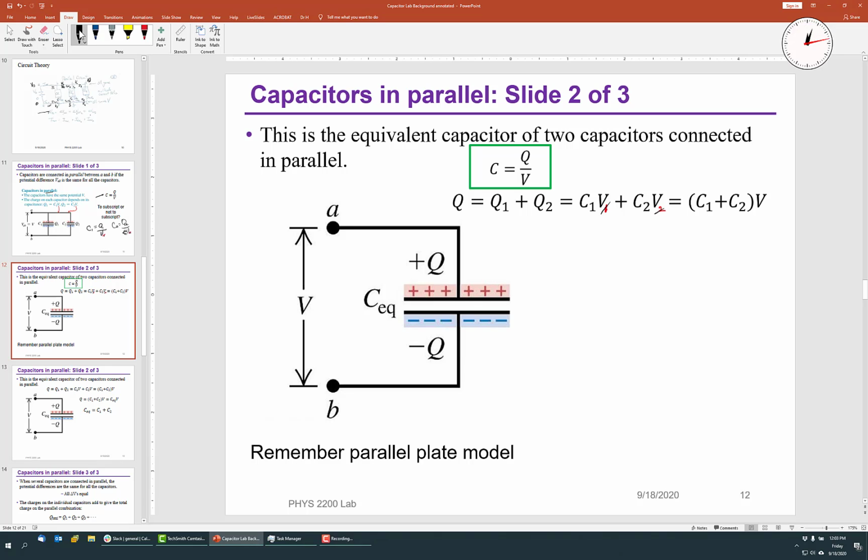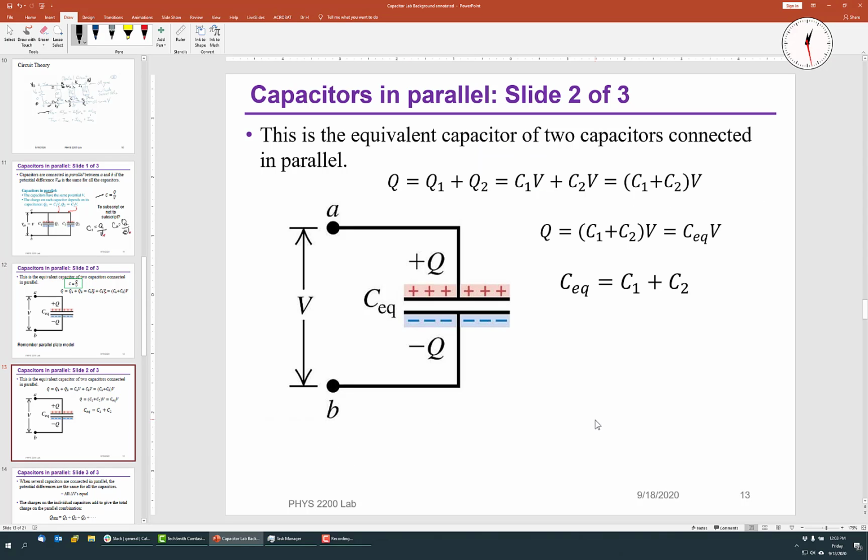And so we also know then that, what else do we know? So then we say Q, it's the Q. Well here, let's just do the next slide. And C equivalent, yeah.